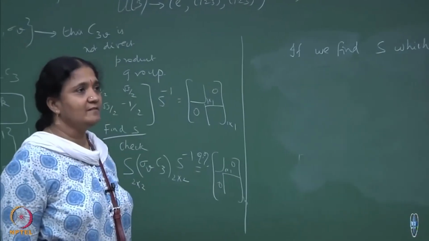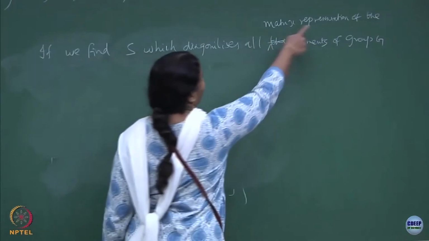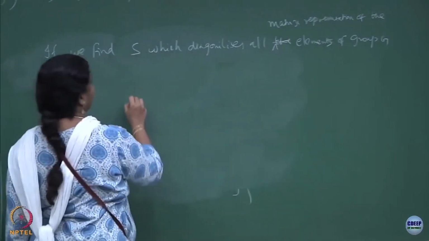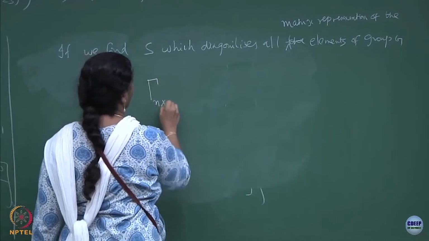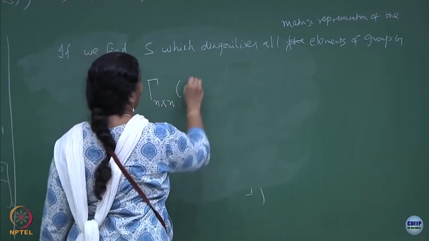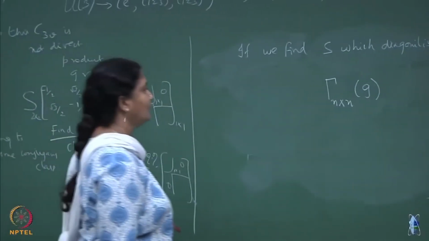Suppose you find an S, and if you take that matrix representation, let me denote that matrix representation as some n cross n matrix for a group element G. Okay.